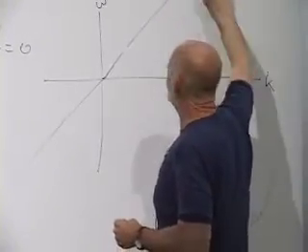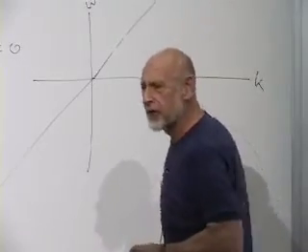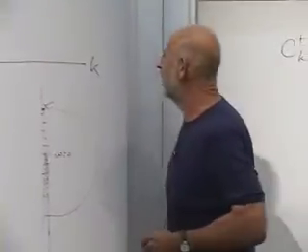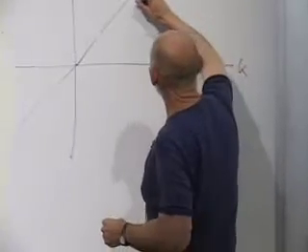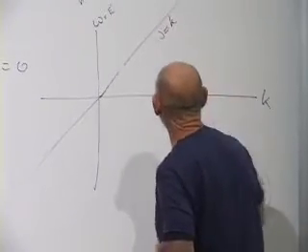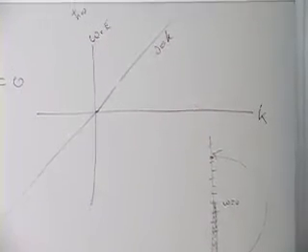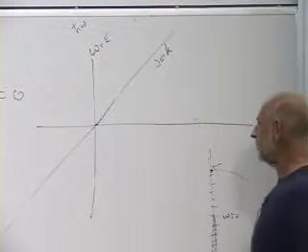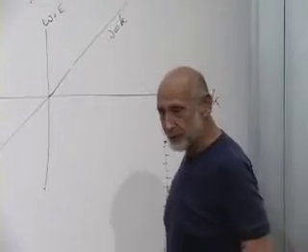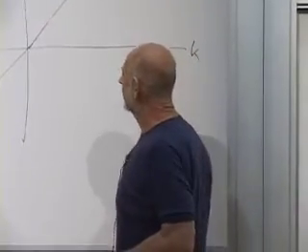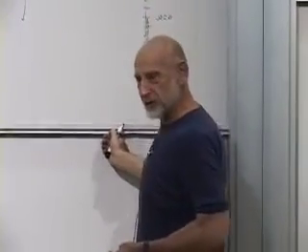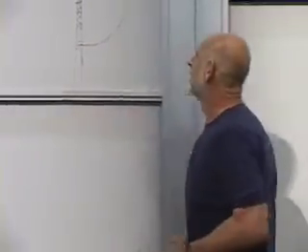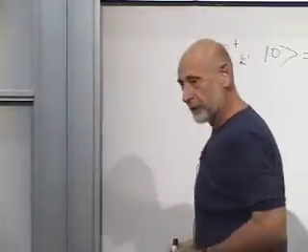Sorry, that's just a 45-degree line. That's omega equals k. Right. No, I think you were just confused by the fact that I drew three axes, except that I didn't. Right. There's two axes and a curve.